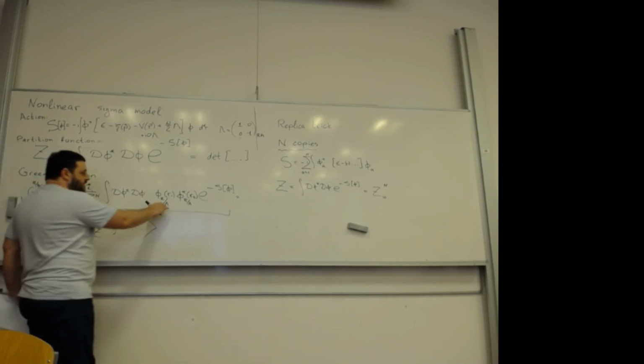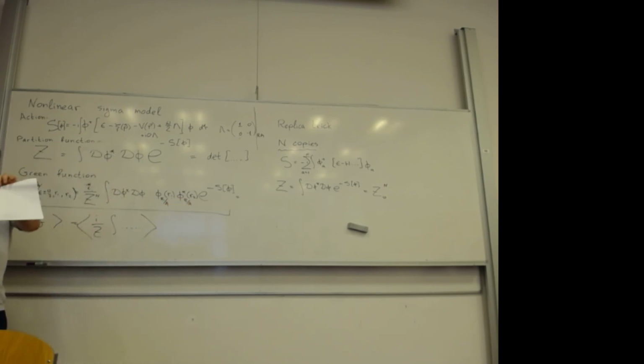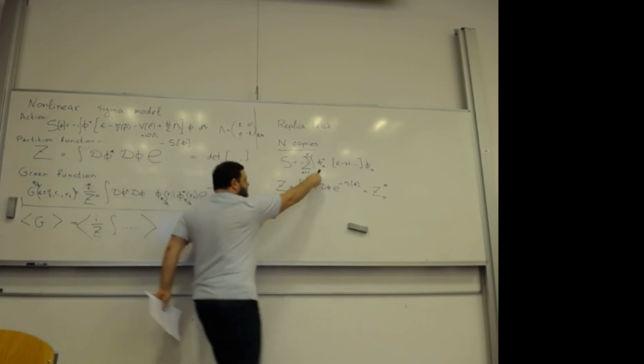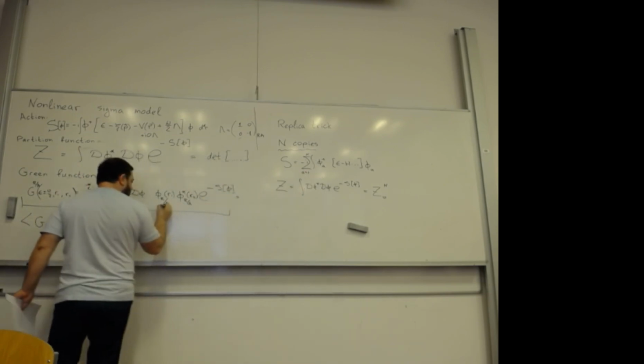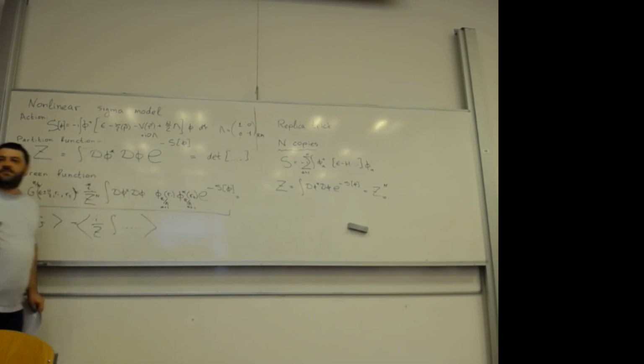So these fields phi, at the points R1 and R2, are taken from the sample number 1, from the replica number 1. So phi now has the index A, so I should say here A equals 1. And this is the same Green function, it doesn't change. So the only thing that changes now is Z to power n instead of Z.